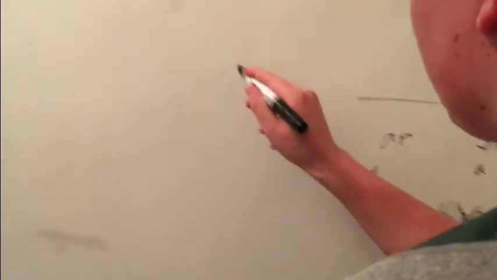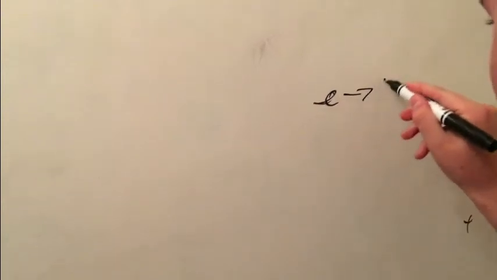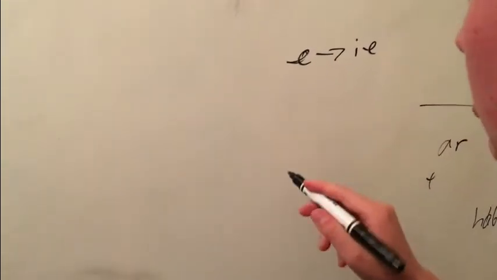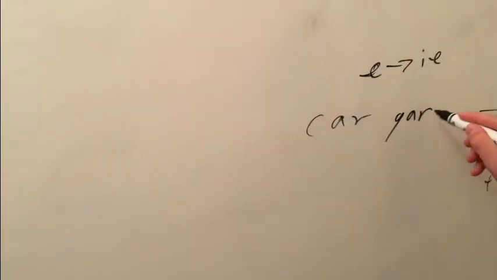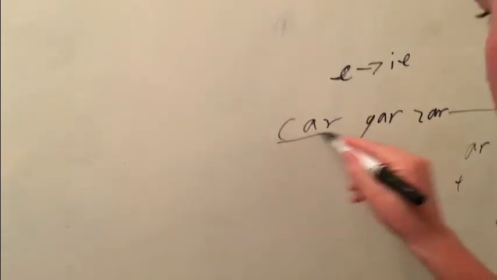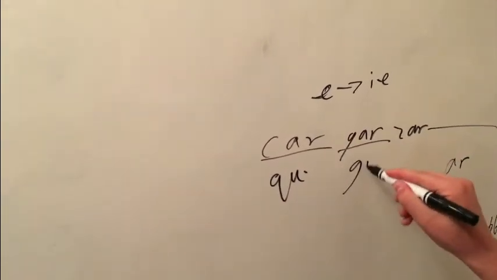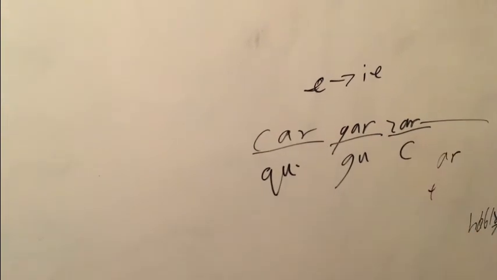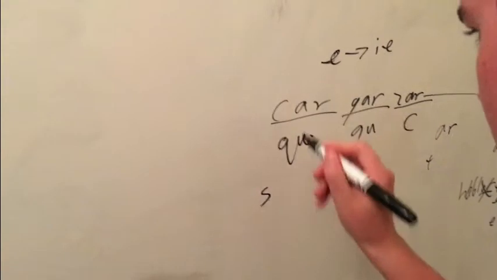And then you have some stem changes as well. Sometimes your ER and IR verbs will have an E in the middle, which will change to an IE, such as empezar or comenzar. And then you have your car, gar, and zar, which also produce stem changes. Your car will change to a QU, your gar will change to a GU, and your zar will change to a C. So we'll take sacar, we'll start with car.